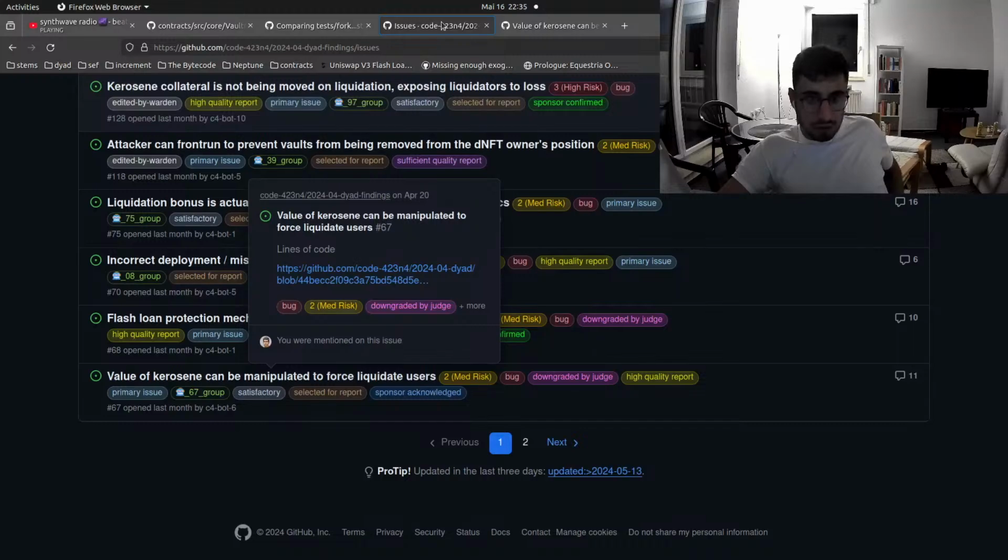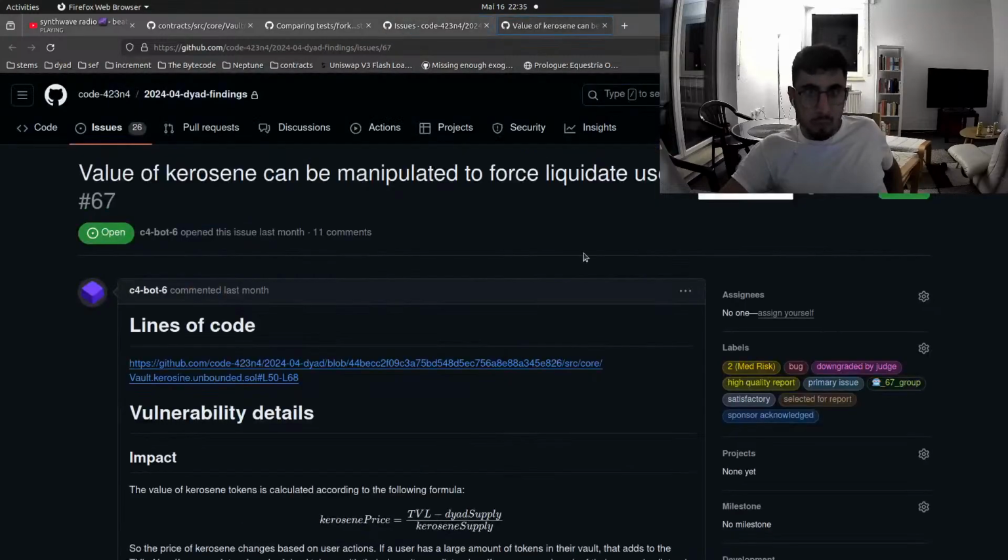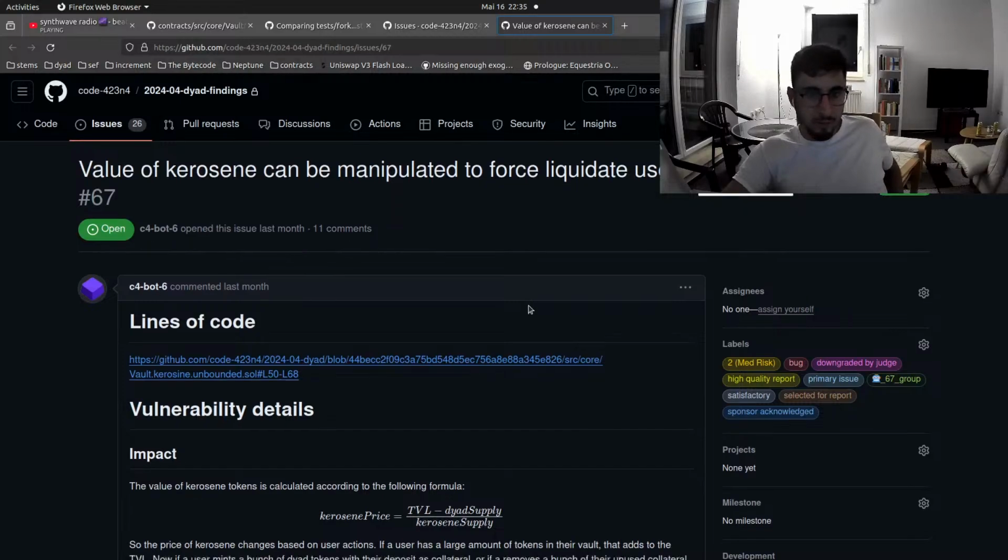Value of kerosene can be manipulated to force liquidate users.